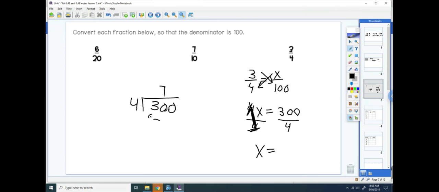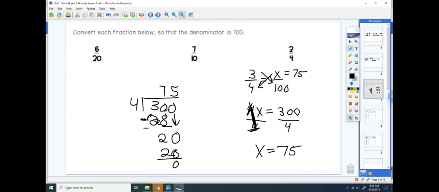So that'd be 28. Subtract that, you get 2. Bring down the next 0. Well, 4 goes into 20 5 times. So my answer would be 75.